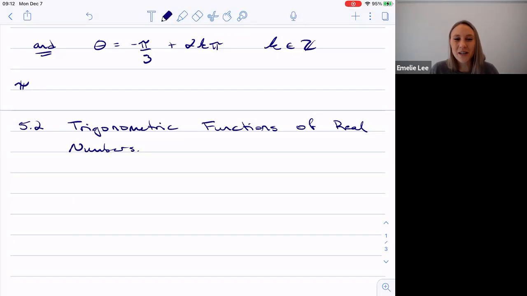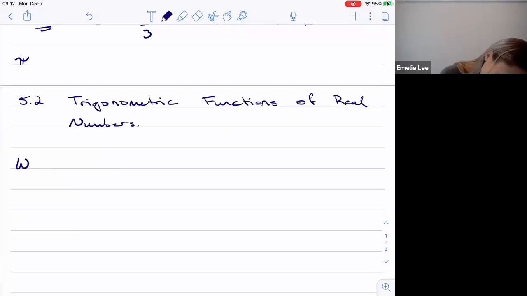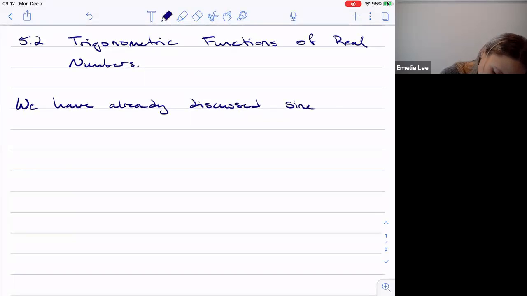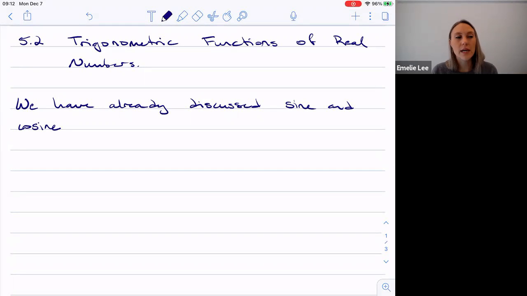We were already talking about trig functions, sine and cosine, right? But now we're going to extend it a little bit further. So we have already discussed sine and cosine, right?